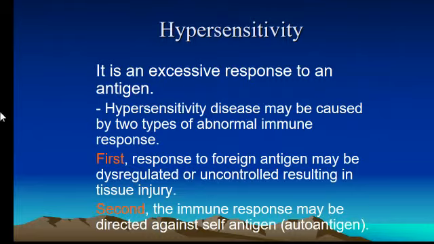We have the two types of abnormal immune response. First, immune response to foreign antigen may be dysregulated or uncontrolled, resulting in tissue injury.